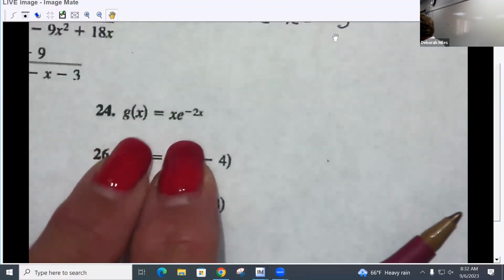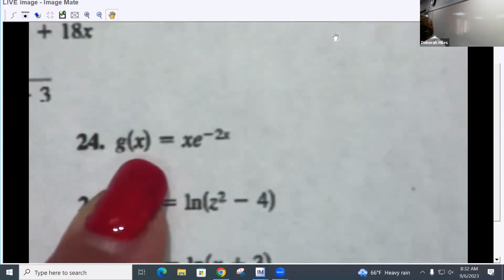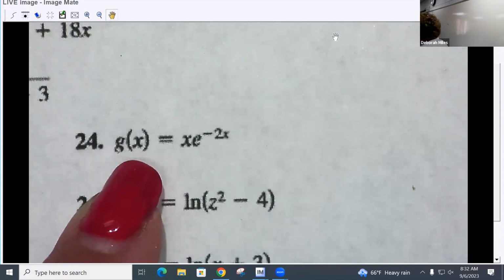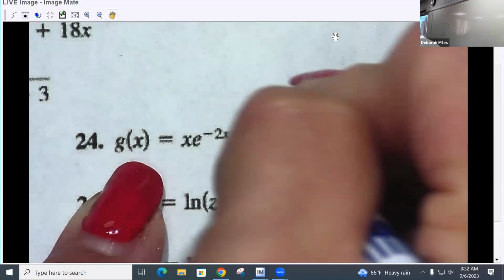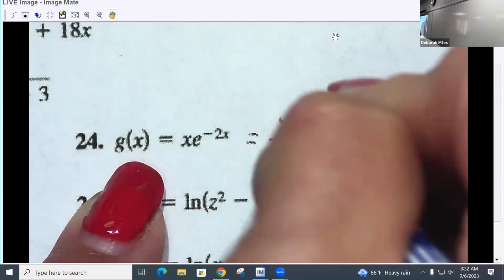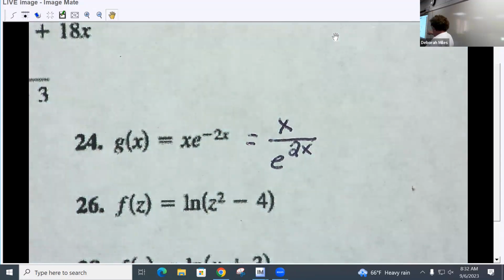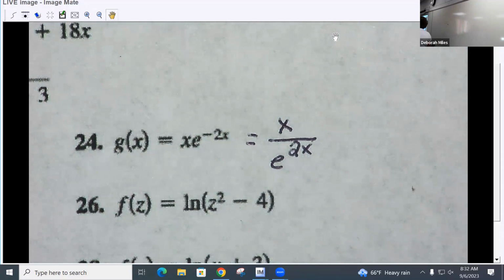What about 24? Oh, it's so innocent, but it's got that -2x, and we go, yeah, like 1 over e to the 2x. But e can't be 0. It does help me to think of it as a fraction. But like Madison's saying, yeah, it's a fraction, but there's no power of e that gives you 0.